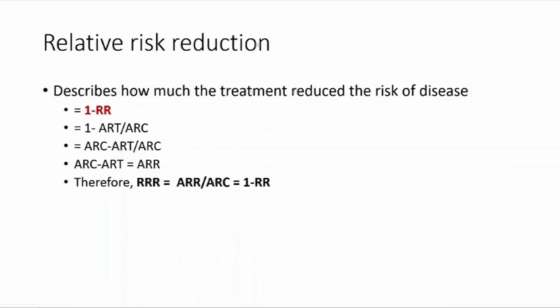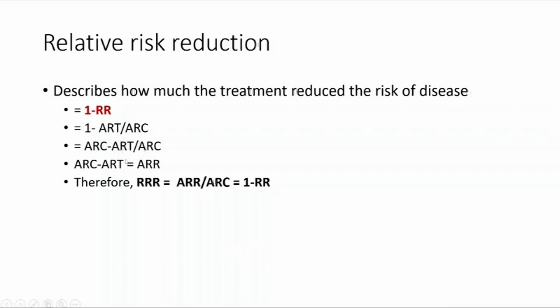Now, relative risk reduction is 1 minus relative risk. When you look at this slide carefully, you know that relative risk is ART divided by ARC, that's absolute risk of treatment divided by absolute risk of control. When you take the LCM of this, ARC comes down.